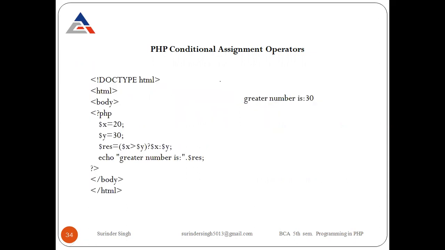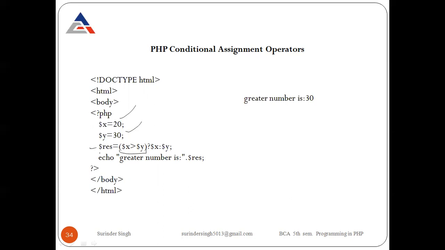Here you can see the example. In this example, we have two variables x and y. x has value 20 and y has value 30. We are finding the greater number between these two variables. Expression 1 is a conditional expression, and this is the condition.